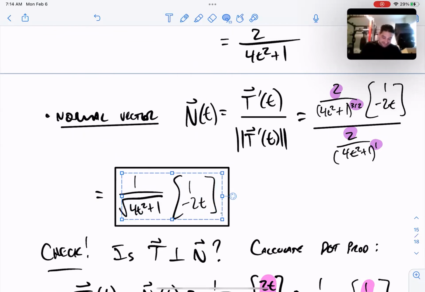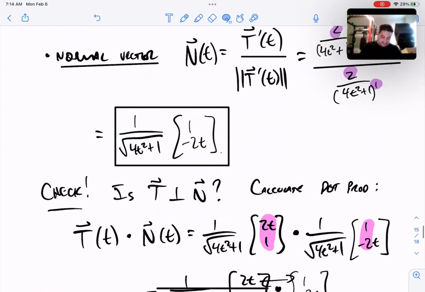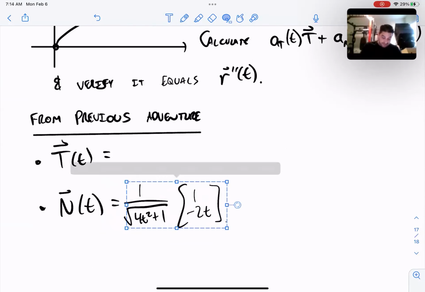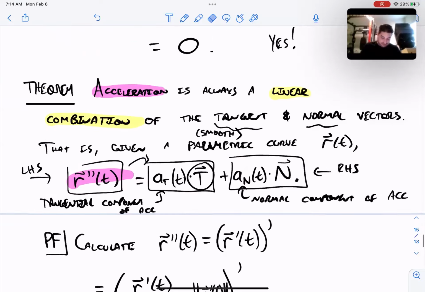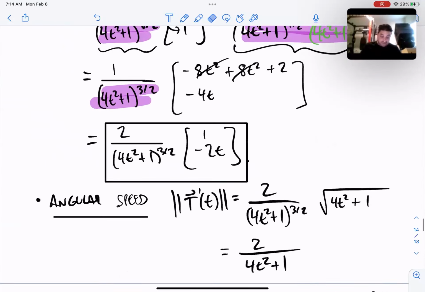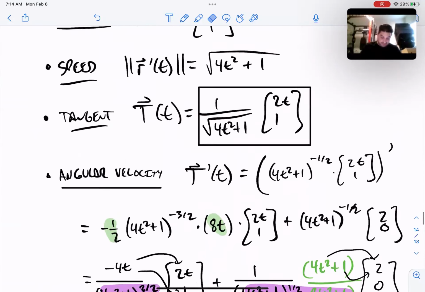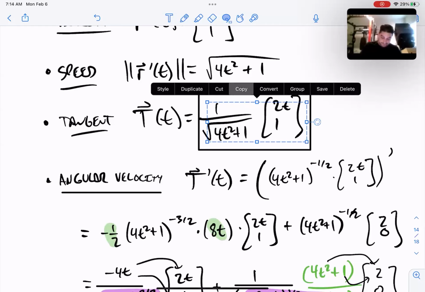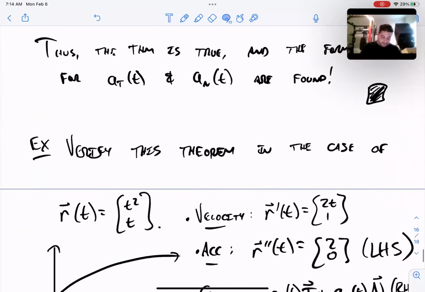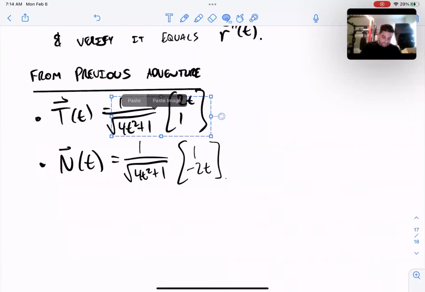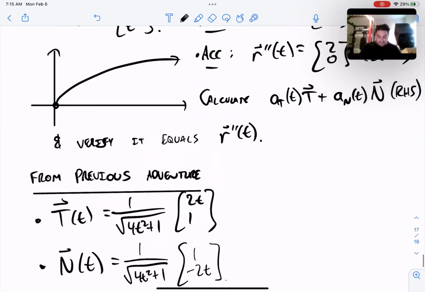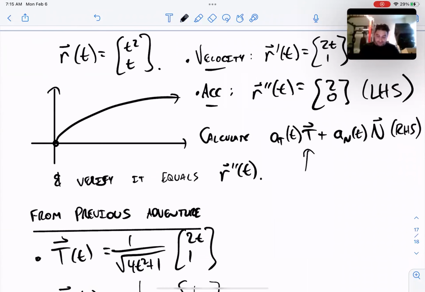So there's our normal vector from the previous video. Once again, if you want to see the details of how we got that, check out that previous video. The tangent vector was this. So there's tangent and normal.